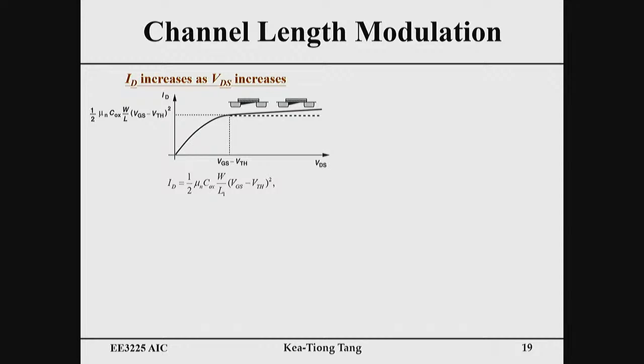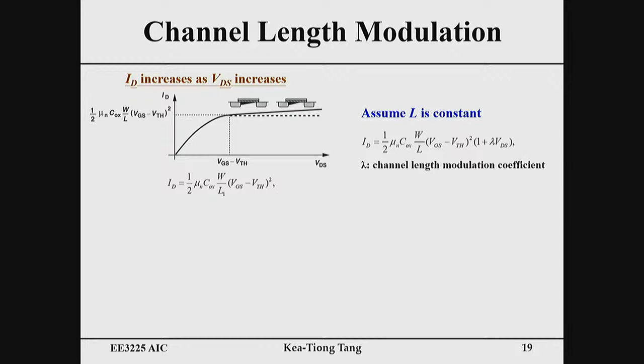So this will not be the same as this one. In fact, there could be some modification of the equation. We usually use this. This is the place for pinch off, the maximum current, and this is the modification term, 1 plus lambda VDS.